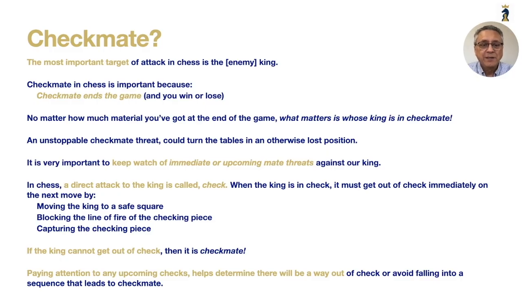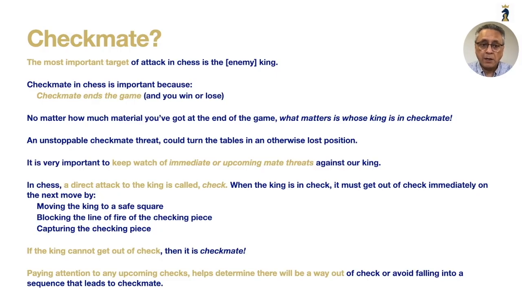In chess, a direct attack to the king is called check. And by the rules of the game, when our king is in check, we must get out of check first before doing anything else.